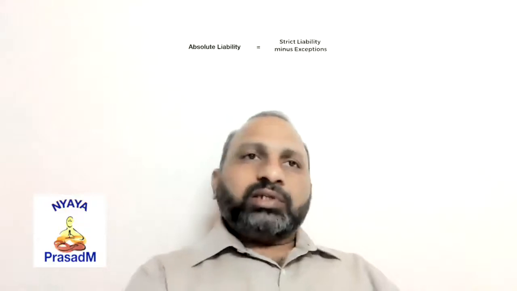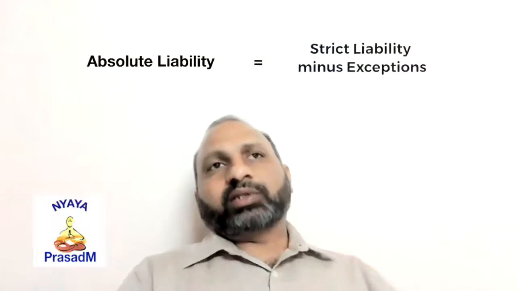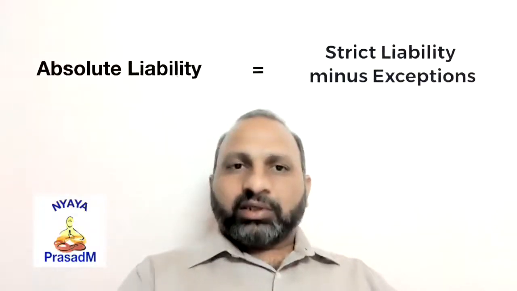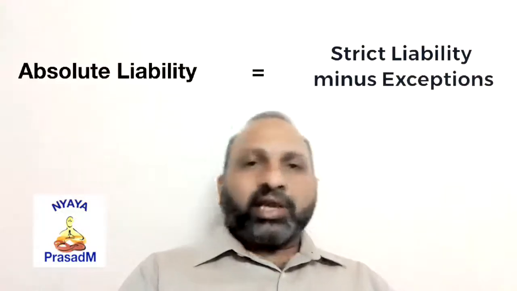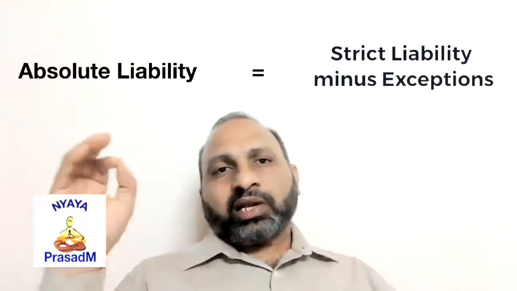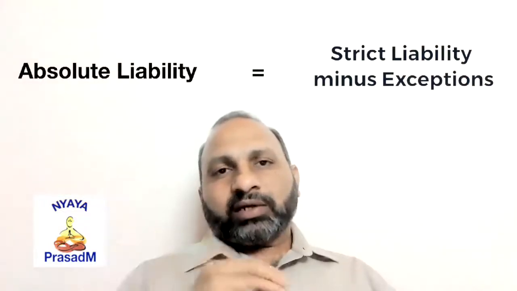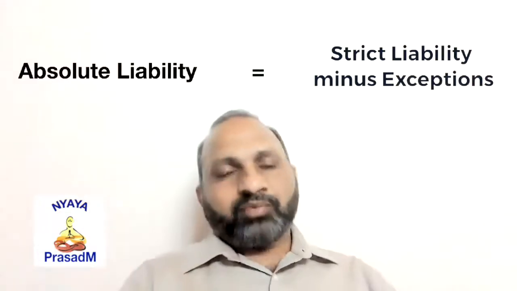Now, the last important liability is absolute liability. Absolute liability is very much like strict liability. The only difference is that absolute liability does not have any exceptions. So if you consider strict liability as it is and take out all the exemptions, then it is called absolute liability.